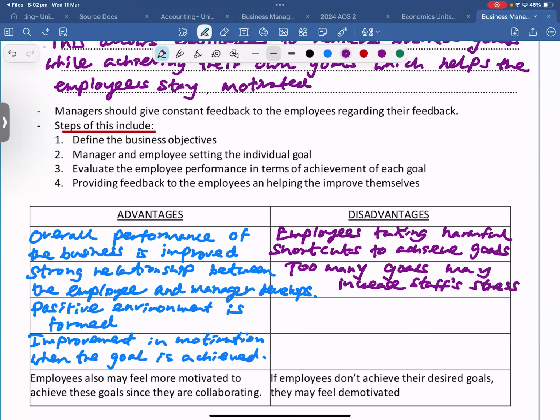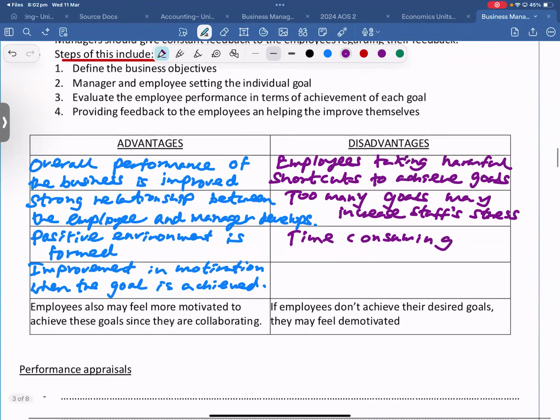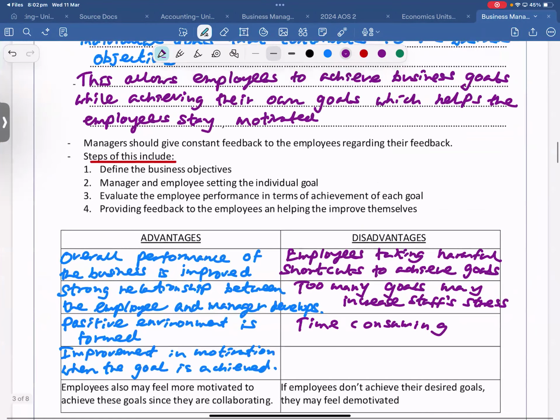Next one, time consuming. Yeah, those are the disadvantages. You can read them down, I'll explain it.